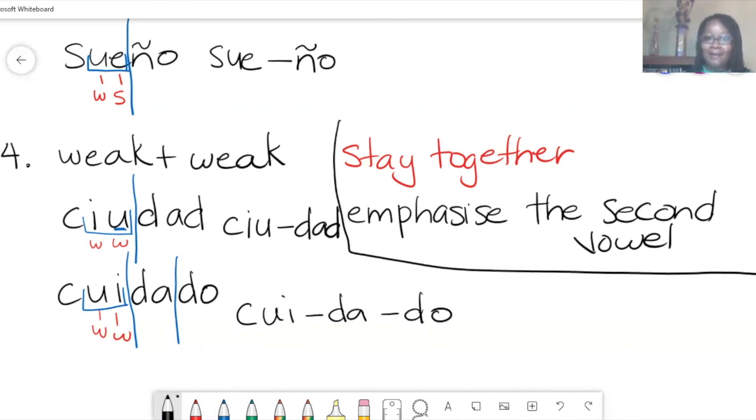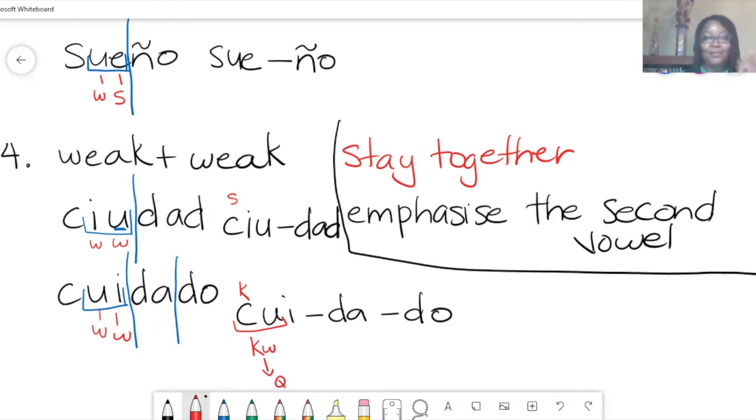Up here, the letter C sounded like an S, but down here, being followed by a U, it's going to sound like a K. Do you remember that thing that we spoke about with the letter C? If you don't remember, go and check the alphabet video. All right, so it's going to be sounding like a K. And the other thing that we looked at in the alphabet video as well is the fact that when you have CU, it takes that KW sound from your Q.